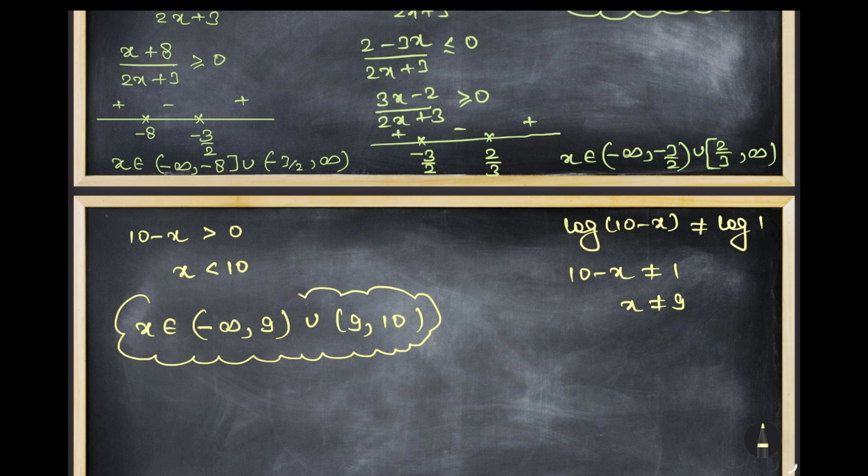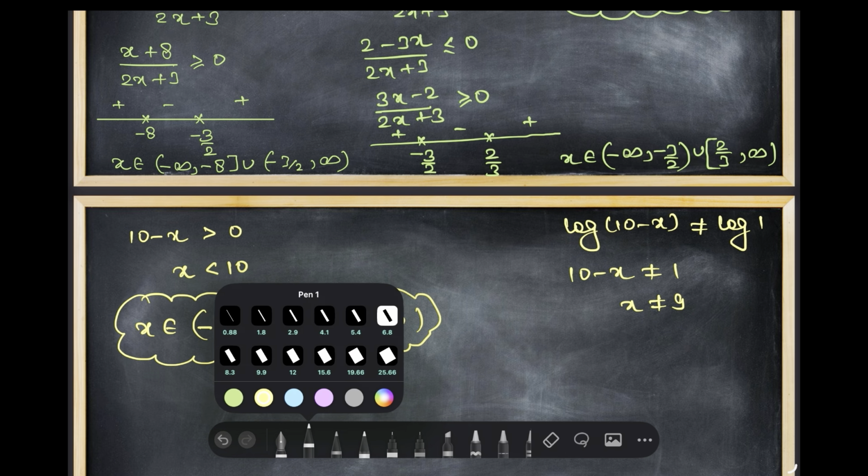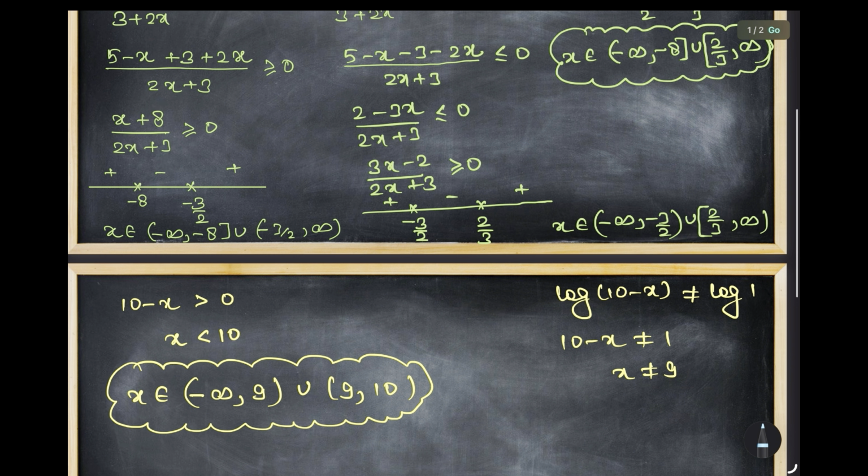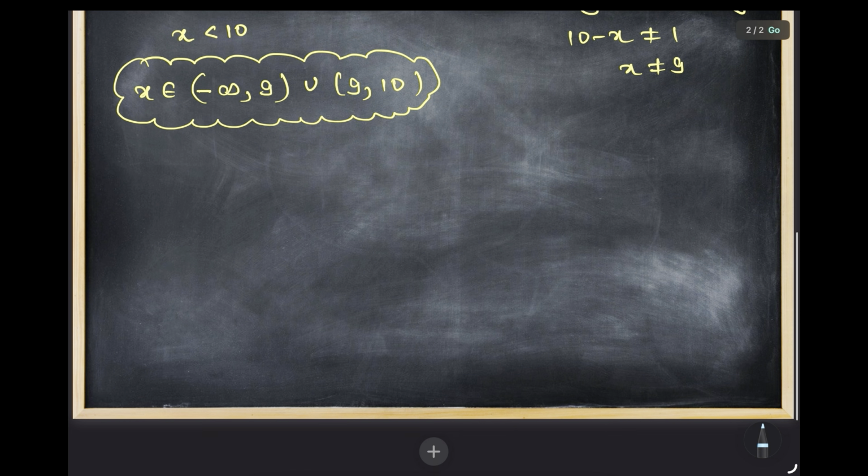Now we have to take the intersection of both. We will plot both of them on the same number line: minus 8, 2 by 3, 9, 10.